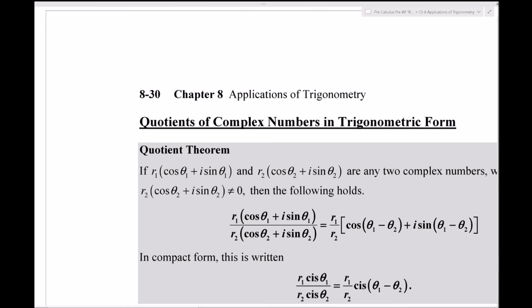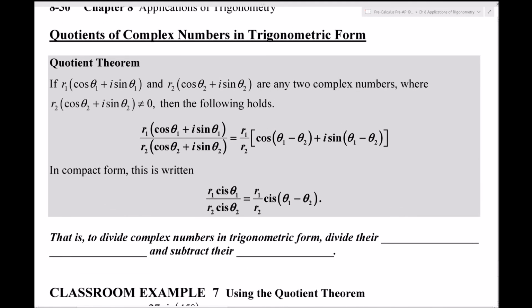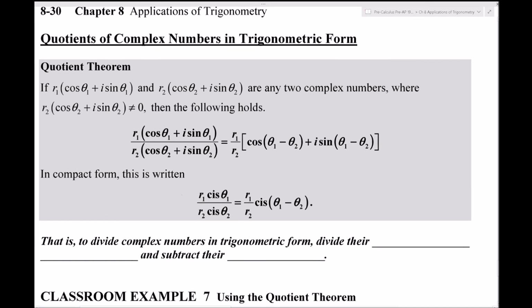So we'll move on. Division. Very, very similar. There's another very easy application for division. If I want to divide two numbers, look at it this way. They're writing it in complex trigonometric form up here, so that's the compact CIS function: r times CIS theta and r times CIS theta for two different z's.